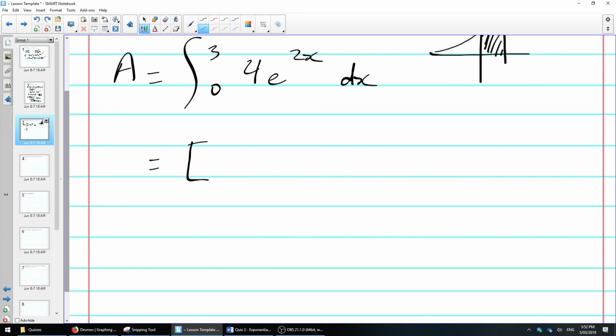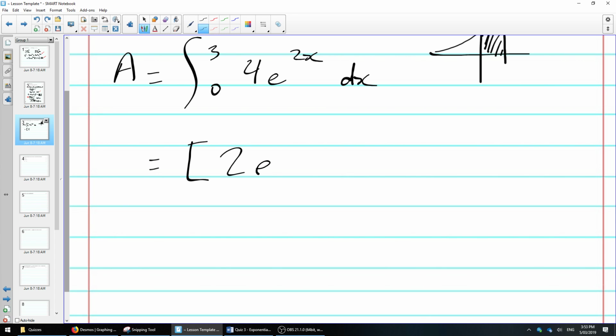When we integrate it, remember, are we allowed to integrate this? Yeah, because that power is linear. If that was like 2x squared or something, we no longer can. Remember integration has very strict rules, but here we're fine. So we differentiate what's inside, and we divide by that derivative rather than multiply. So 4 divided by 2 is 2.